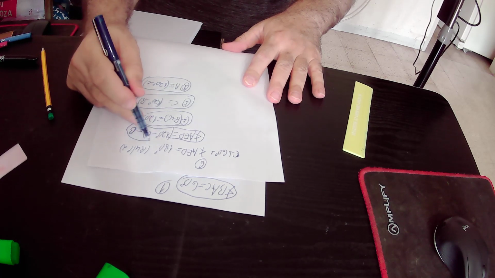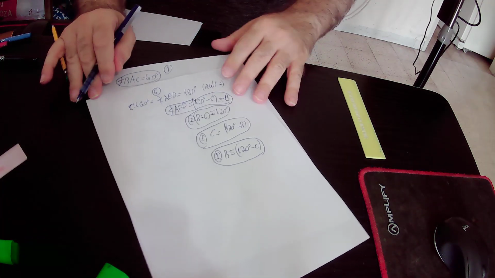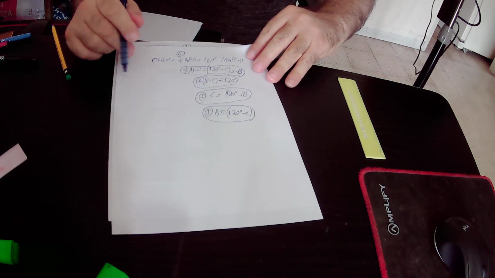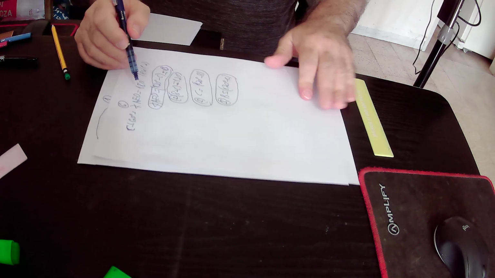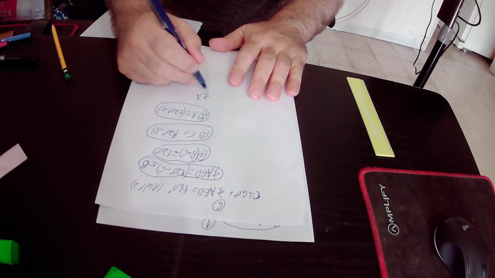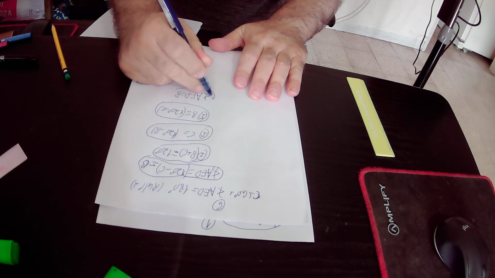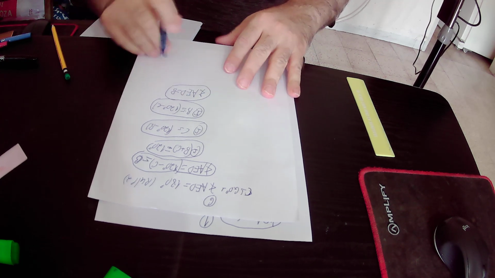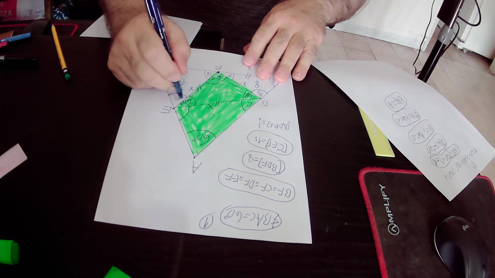So from this equality, we can derive that angle AED equals B. Okay, angle AED equals B. So here angle AED, this angle, equals B.